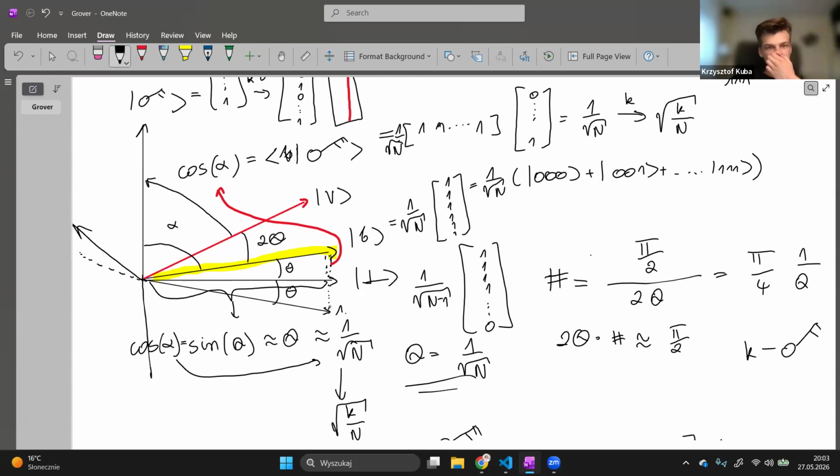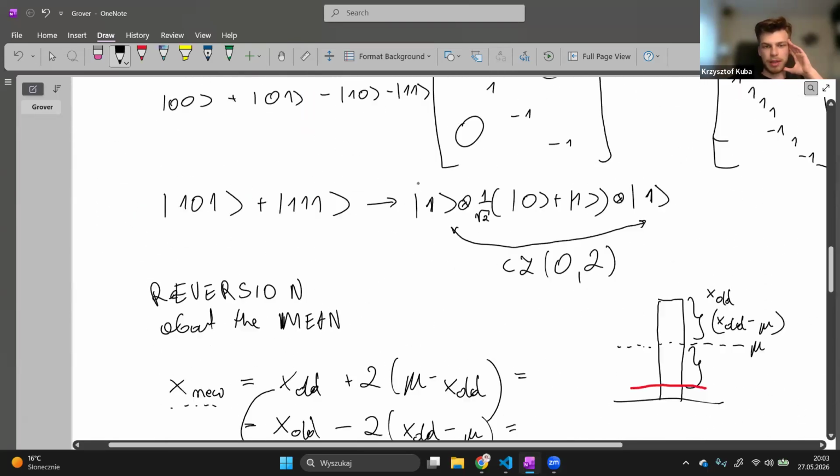And this actually can be viewed as a reflection about the zero state. So the zero state is difficult to say where it is exactly, but it's somewhere, let's say, here. Maybe not exactly. But it's difficult to display graphically.